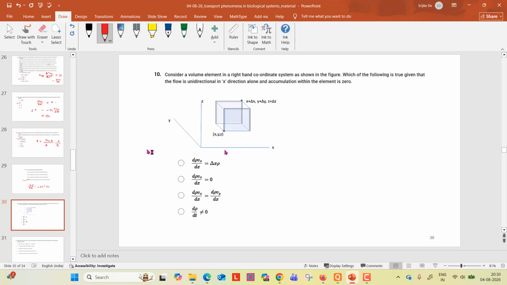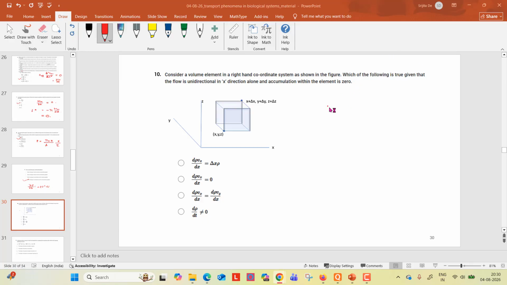Which of the following is true given that the flow is unidirectional in x direction alone and accumulation within the element is 0. So, from the continuity equation, if you apply, there is no accumulation, right?